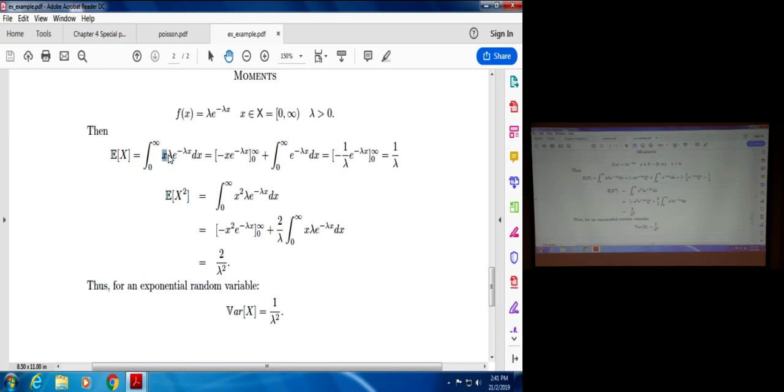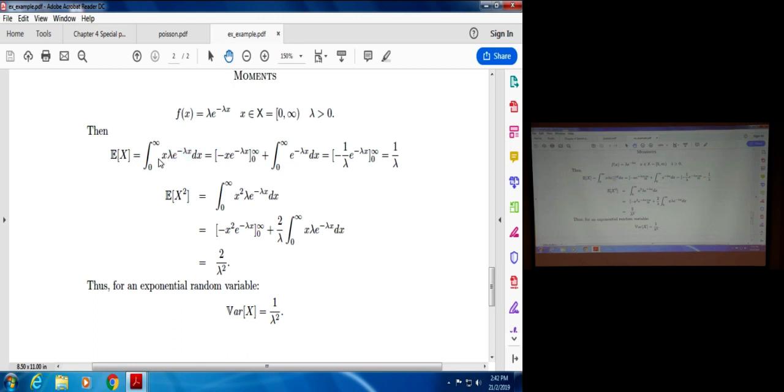So the idea is that when you have a product of two functions, just in case you've forgotten, you choose one as a value. Let's call this one u, and I call this one dv by dx. And then the formula for the integration by parts is u times v, between the limits, minus the integral between 0 to infinity of the derivative of u times v.